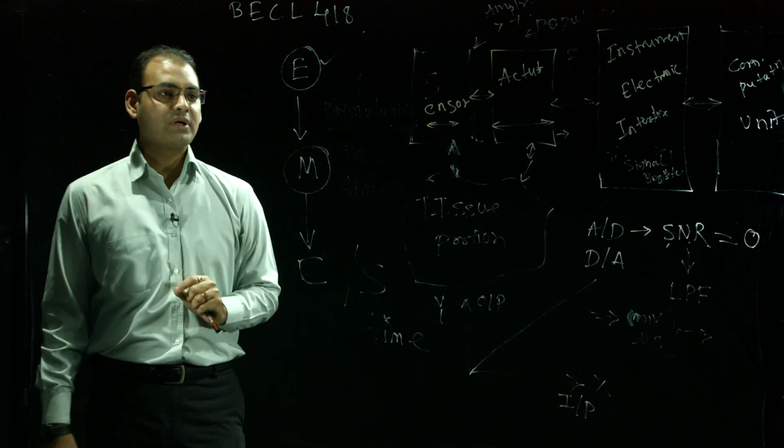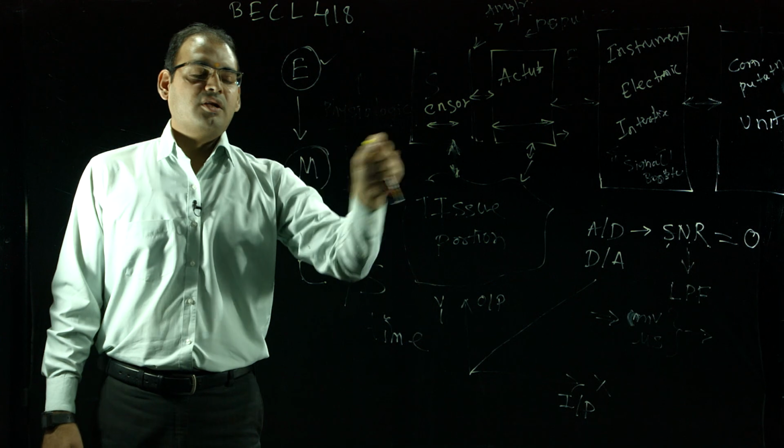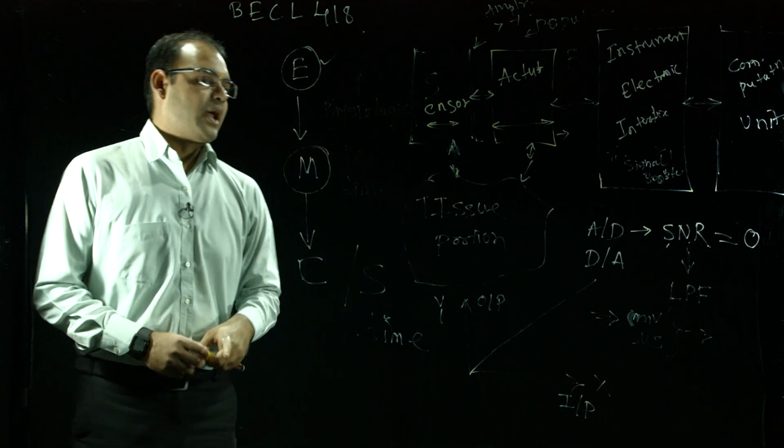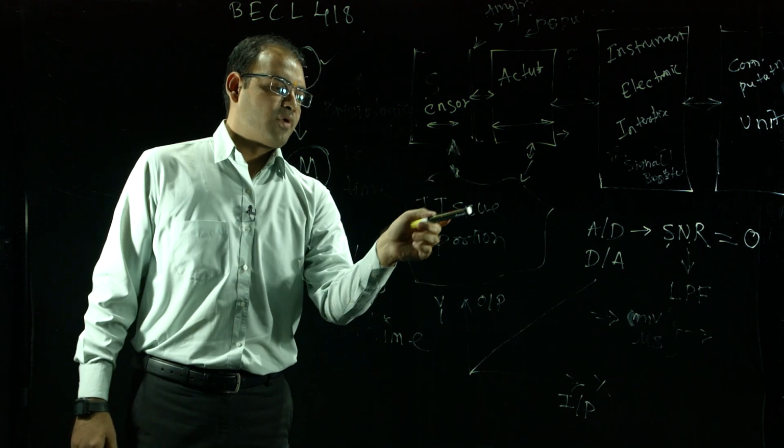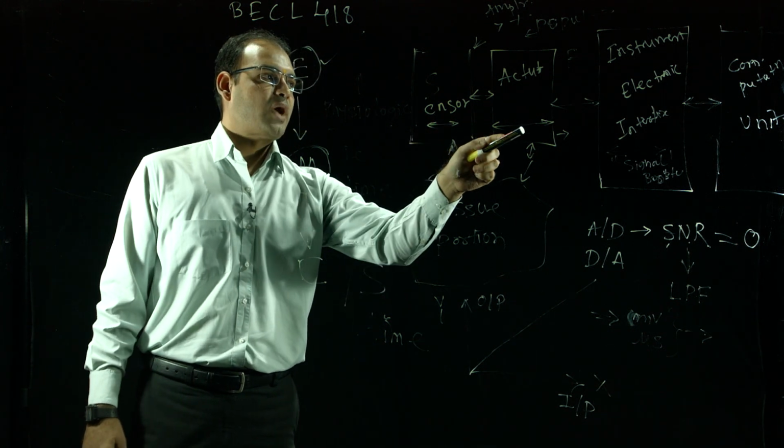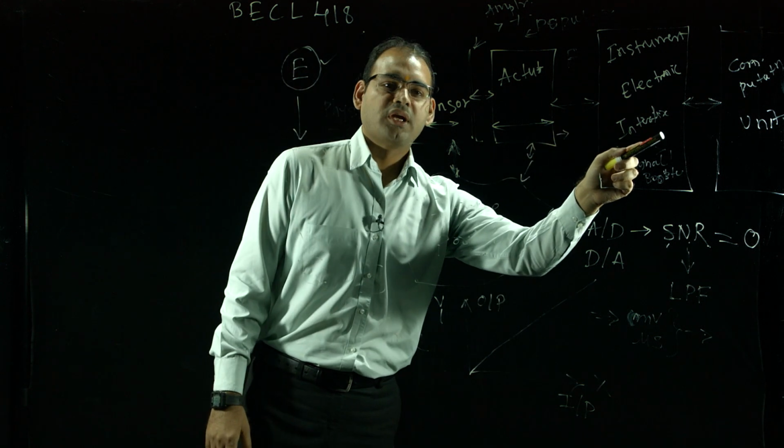If that does not happen, then your physiological theory totally fails, and because of that you cannot give any kind of information from the tissue to sensor, sensor to actuators, and actuators to the electronic interface.